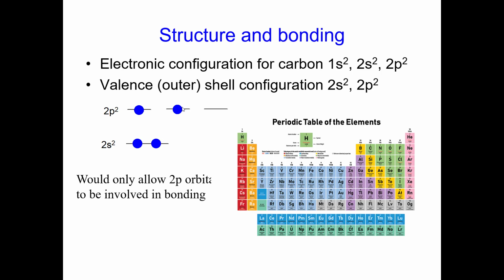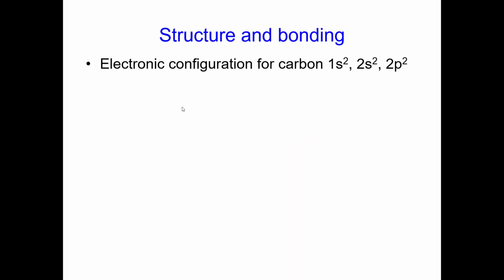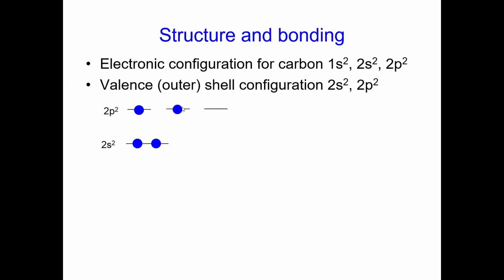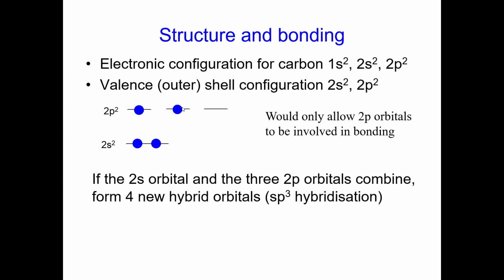So, something has to happen. Something has to change here to allow us to go from this, that we only have 2 bonds in carbon, when we know that carbon really has 4 bonds and always has 4 bonds. So, let's just try and figure something out. What we need to do is hybridize our orbitals.